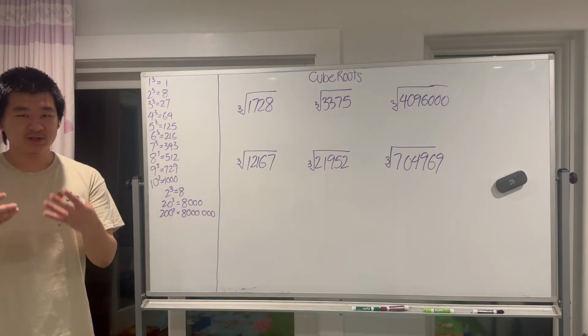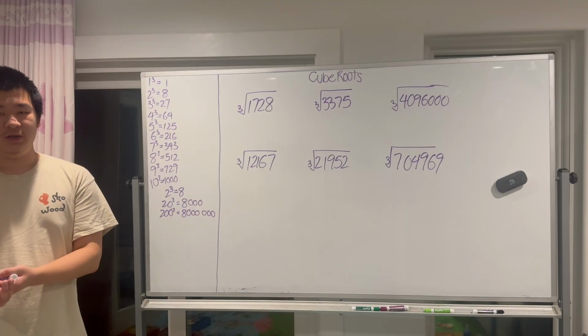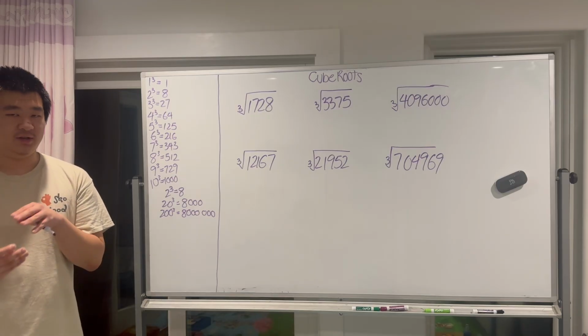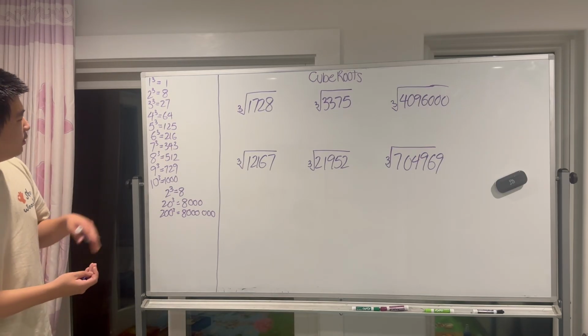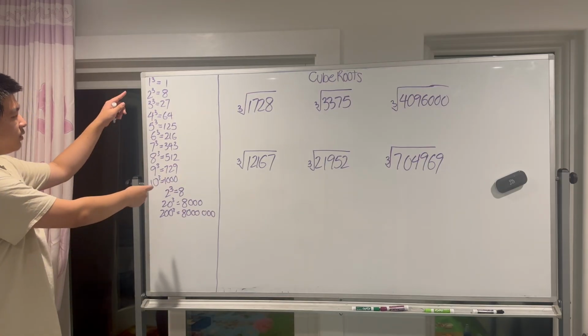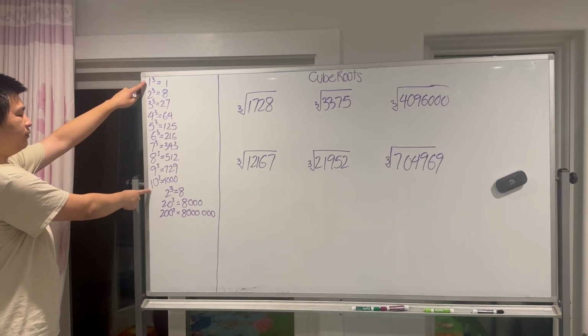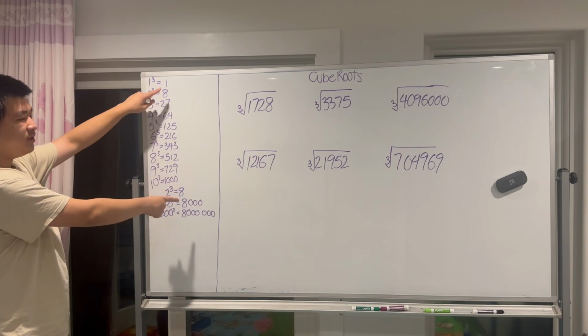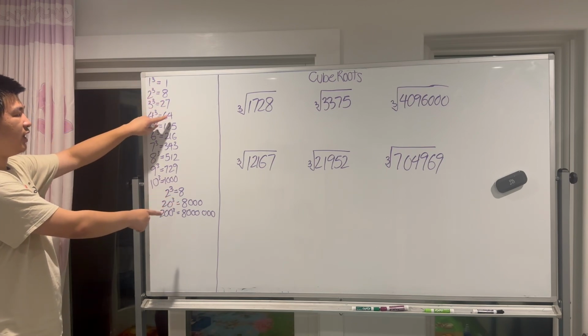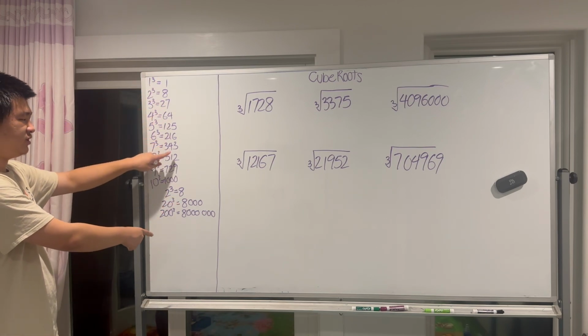So that's pretty similar to what we're going to be doing with cube roots, but in my opinion, it's even easier with cube roots. This is because I've listed out every cube from 1 to 10 right here, and you can see that none of the units digits actually repeat: 1, 8, 7, 4, 5, 6, 3, 2, 9, 0.